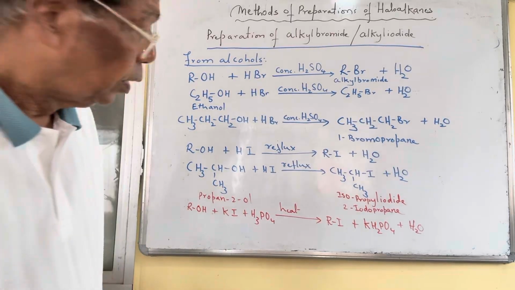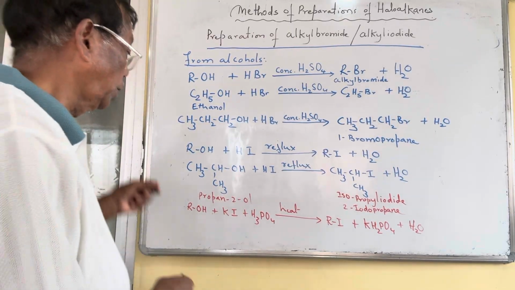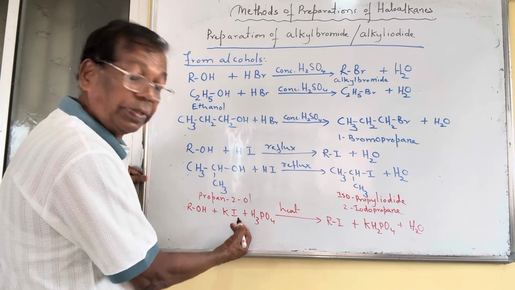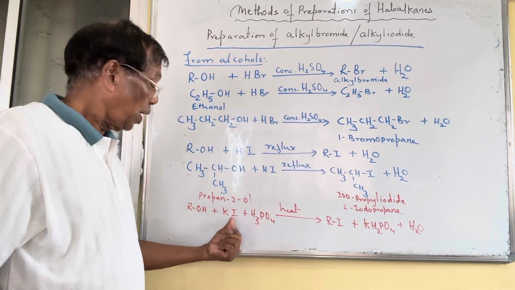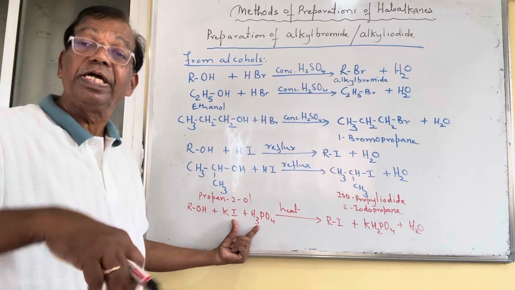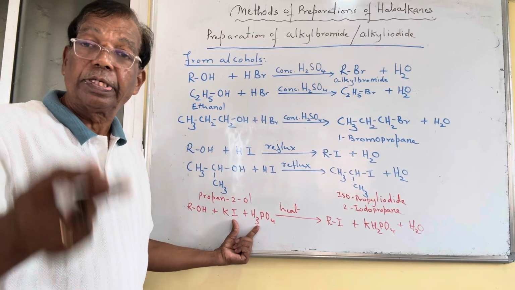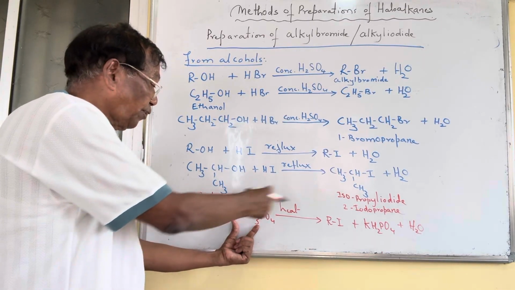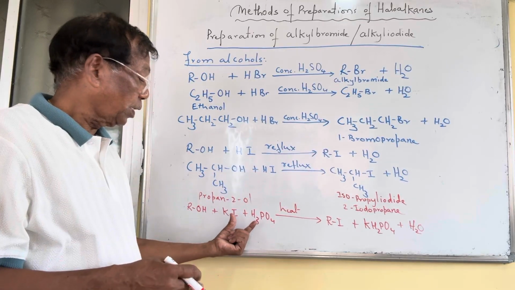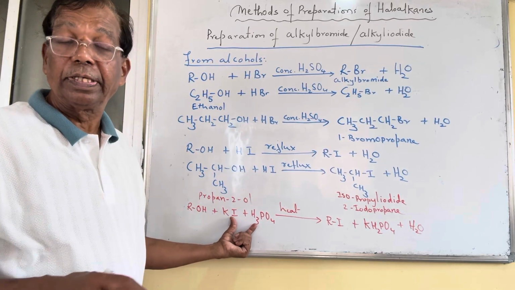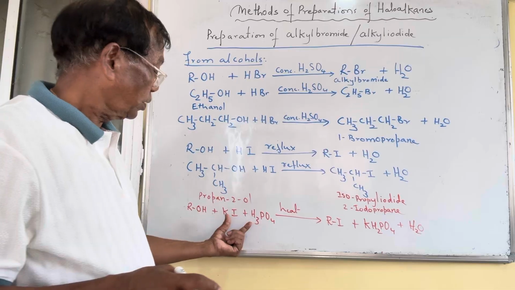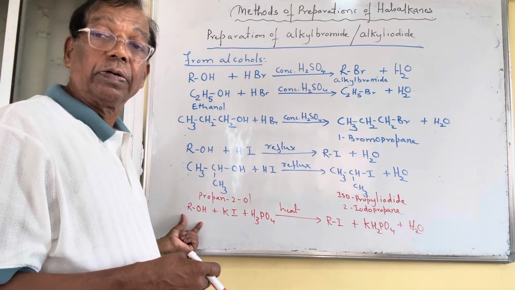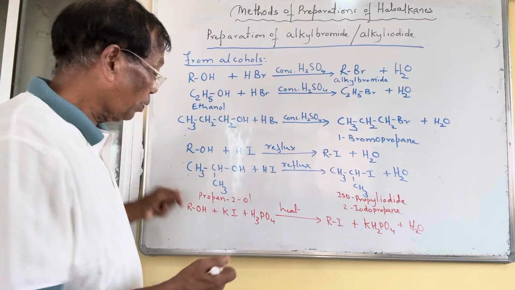I'll explain to you how we get this. See, the H from here and I from here will react and form HI. So that HI is generated in the reaction while the refluxing is carried out. That HI is generated in situ, during the reaction, and that HI will react with alcohol and form this compound. Now what will be left here?